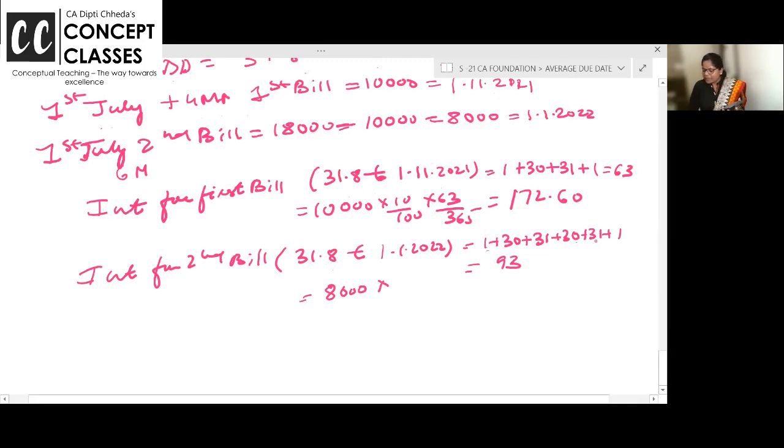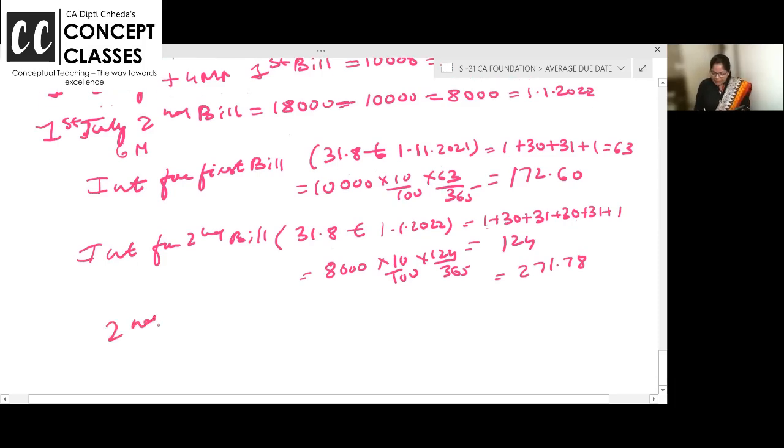Correct. 124 days. Right. So 8,000 into 10% into 124 divided by 365. So how much is the interest coming? 271.78. So the first bill is drawn for 10,000. Read the problem.